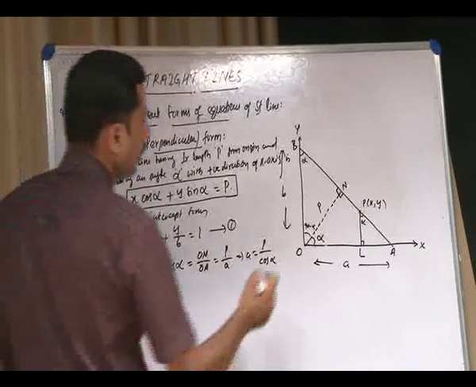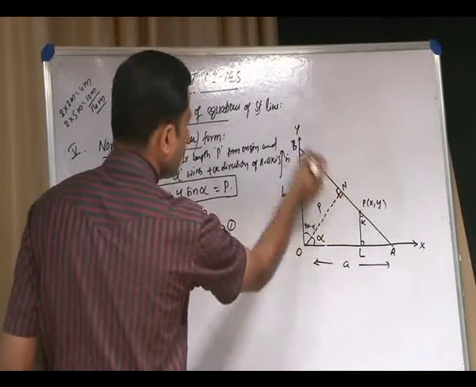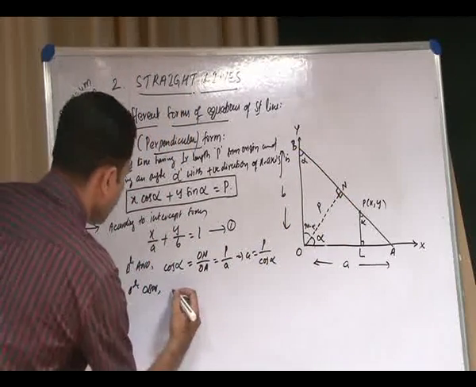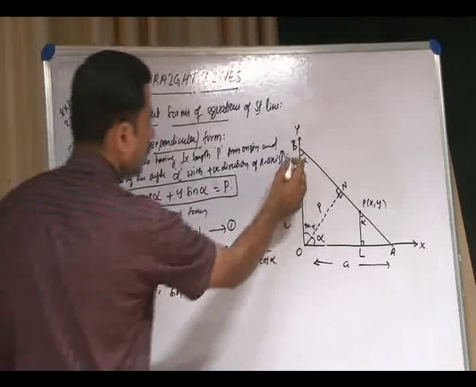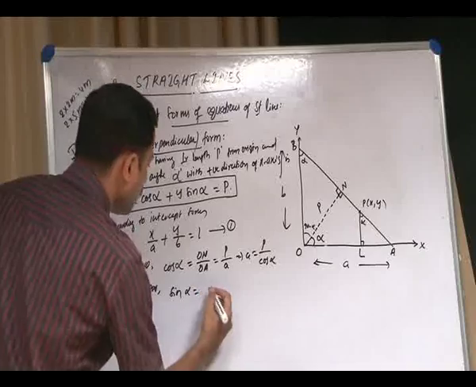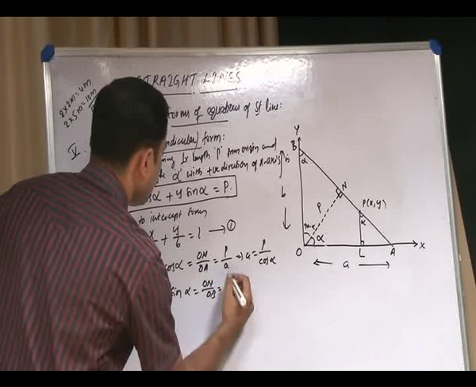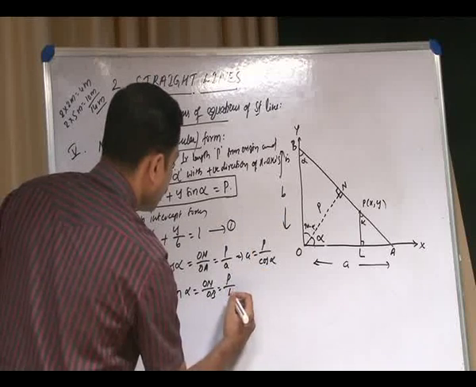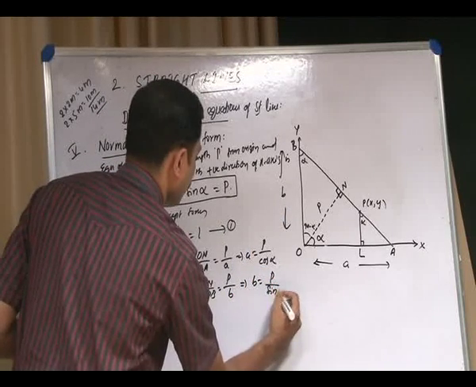In the right angle triangle OBN, this is taken as alpha, this becomes the opposite side, this is the adjacent side, and this is the hypotenuse. Here I will consider sin alpha is equal to opposite side divided by hypotenuse, that is ON divided by OB. ON is P and OB is B, that implies B is equal to P divided by sin alpha.